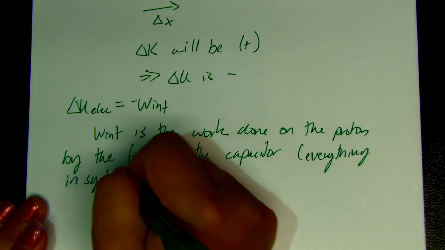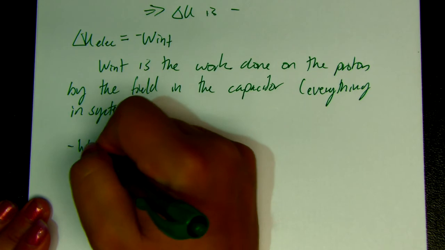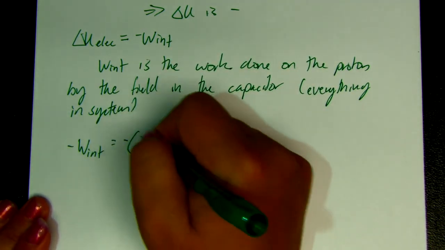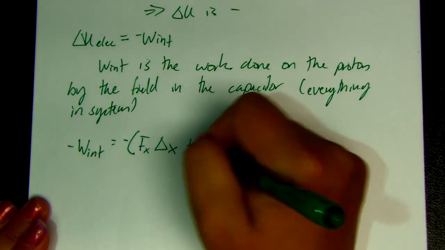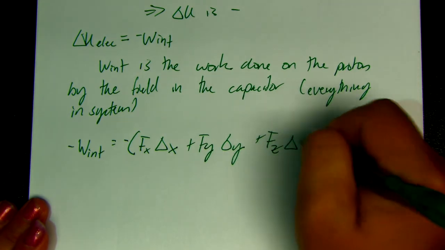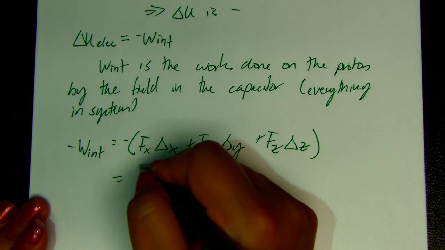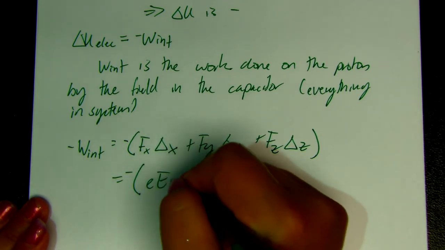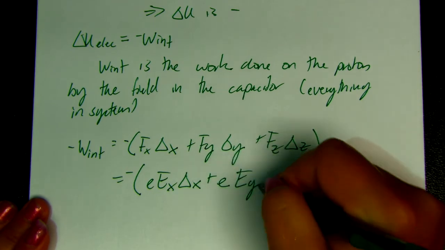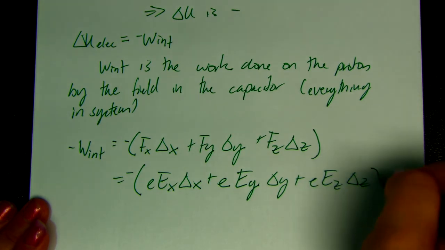We may eventually have some stuff in the surroundings. All right, so minus internal work, or the negative of internal work, is equal to the negative integral of F sub x dx plus F sub y dy plus F sub z dz. And this is equal to minus E times E sub x delta x plus E times E sub y delta y plus E sub z delta z.